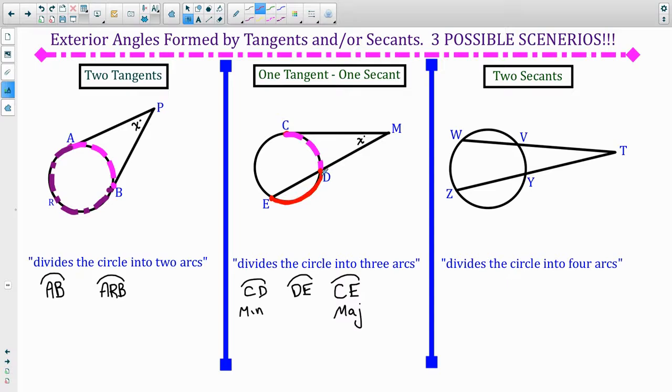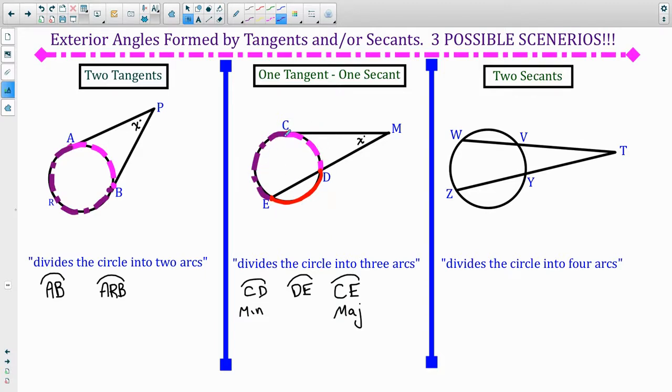So we're not going to use it in our future theorem that you're going to see in just a moment. However, this other arc out here, arc CE, is still inside our angle, and it's the larger one. So we're going to refer to that as our major arc. So it's a little bit trickier here in the one tangent, one secant scenario in that it's dividing the circle into three arcs.